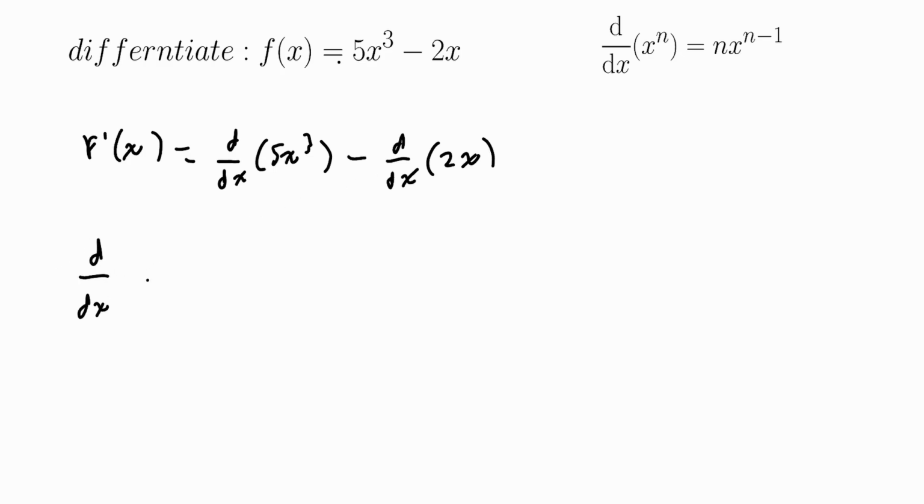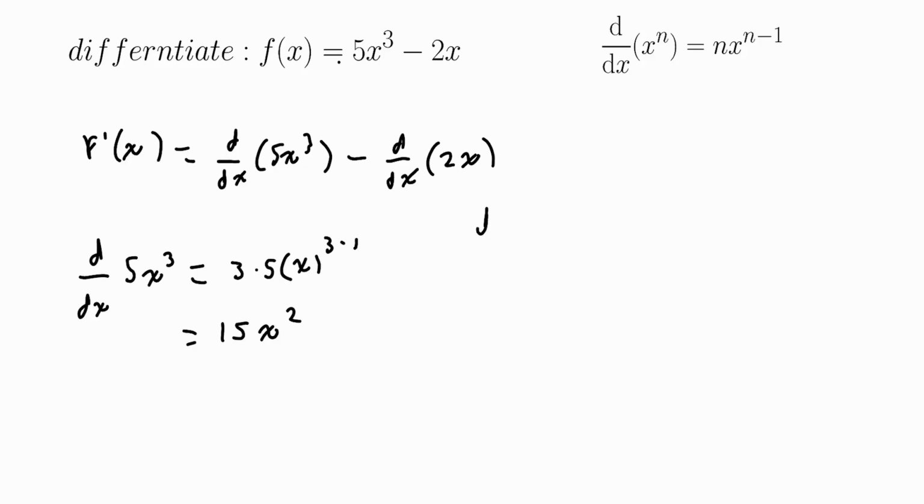The derivative of 5x cubed is equal to, so remember, let's bring down the power. So it's 3 times 5, and then we subtract 1 off the power. So it's 3 minus 1. And this is just equal to 15 times x squared.